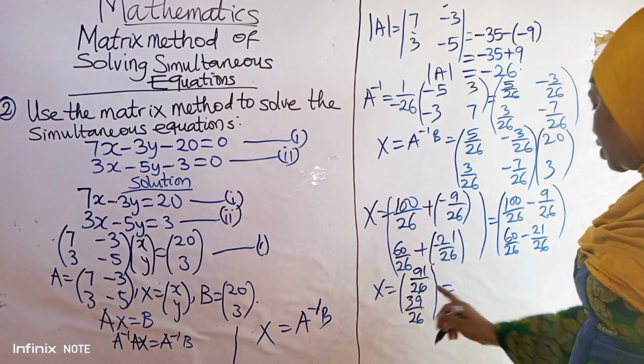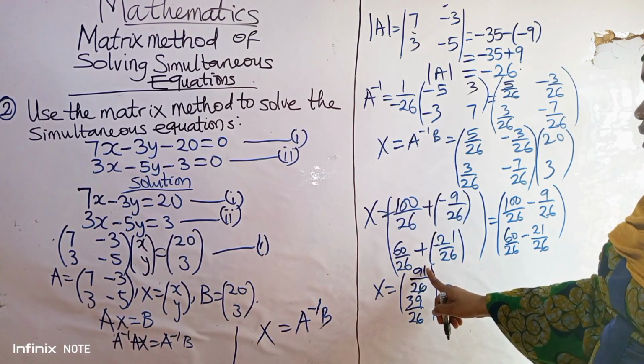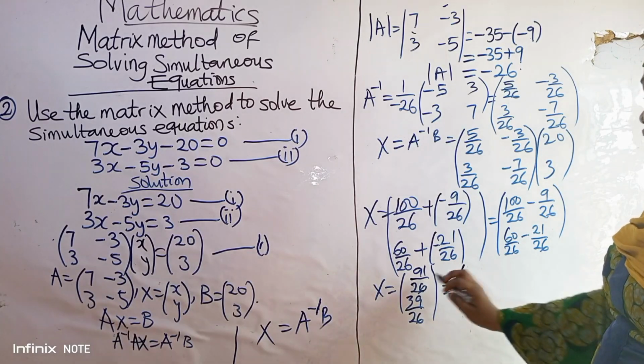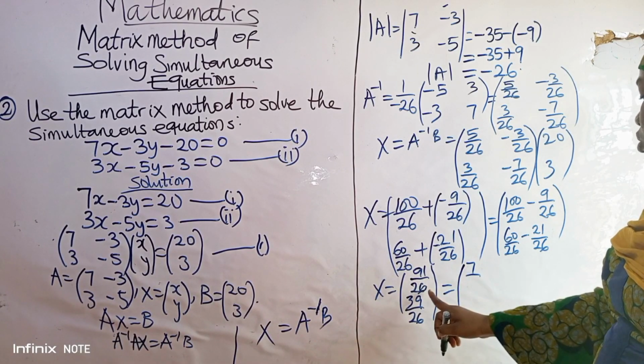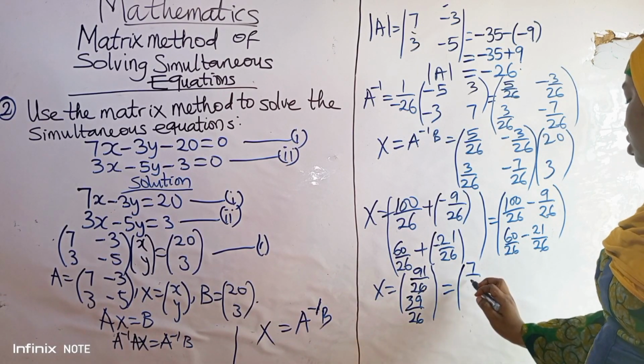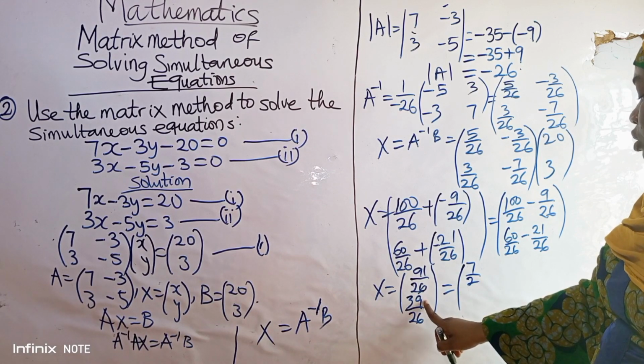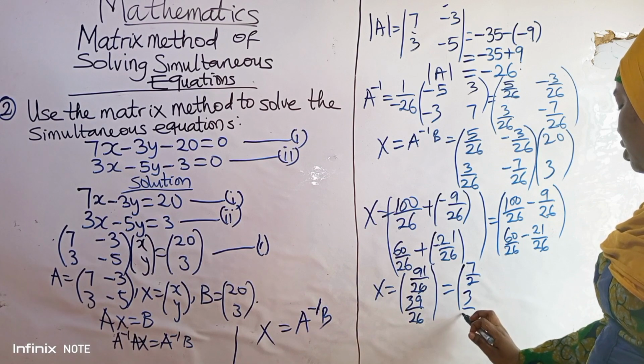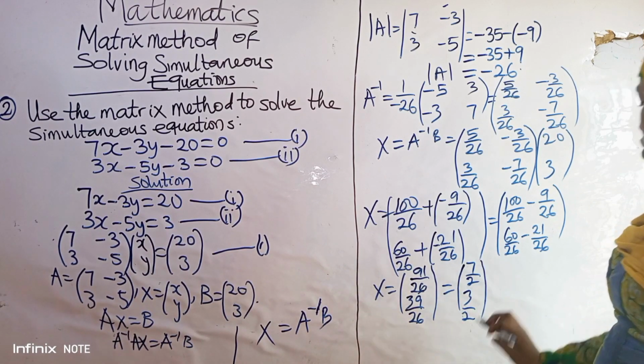Here 13 can go in 91 seven times, and it goes in 26 two times. 13 can also go in 39 three times, and it goes in 26 two times.